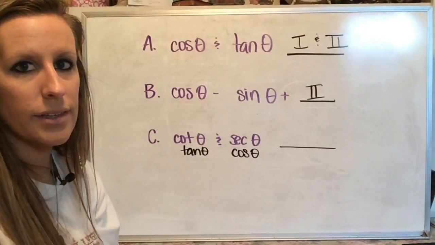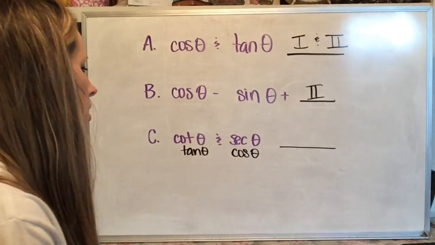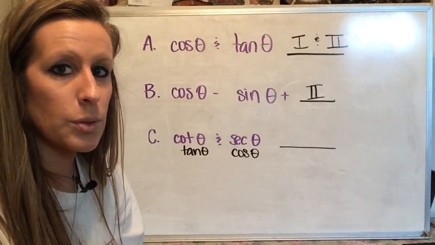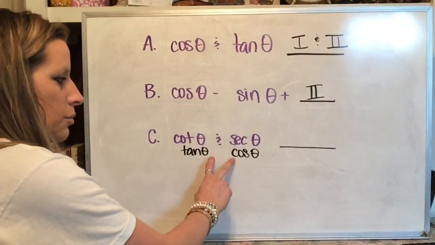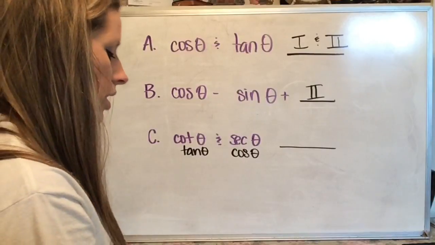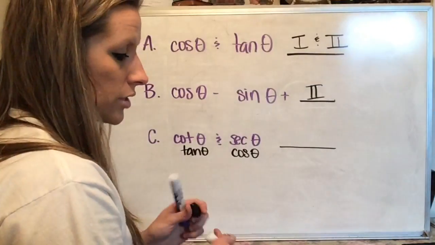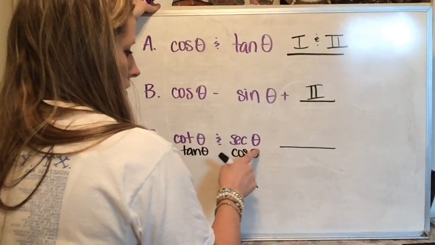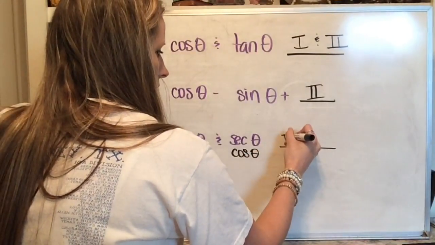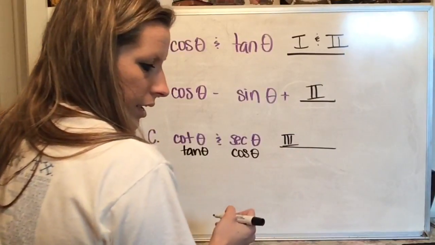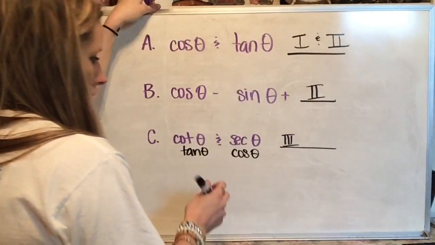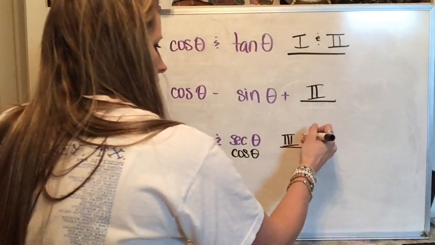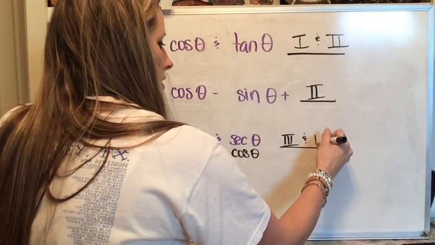Okay, quadrant 1, they have the same sign. They're positive. Quadrant 2, the only one that's positive would be sine. Okay, these would both be negative, so it's not quadrant 2. Quadrant 3, sine and cotangent are positive, so these would be negative. That's in 3. And quadrant 4, the cosine and secant are positive, and then the tangent and cotangent are negative. So it'd be 3 and 4.